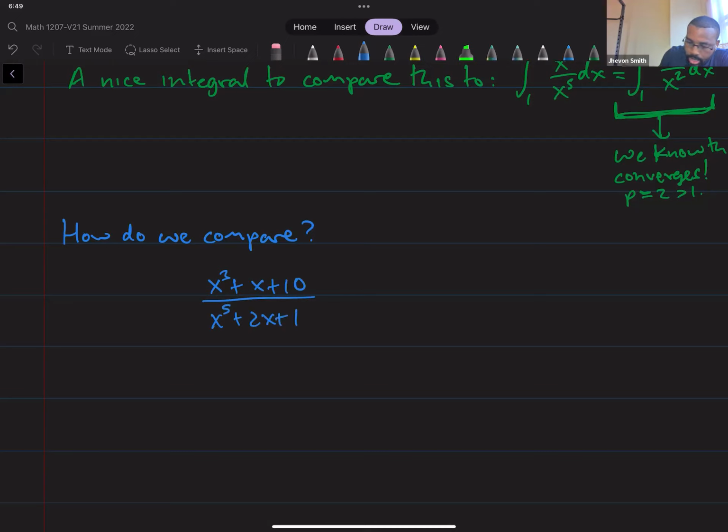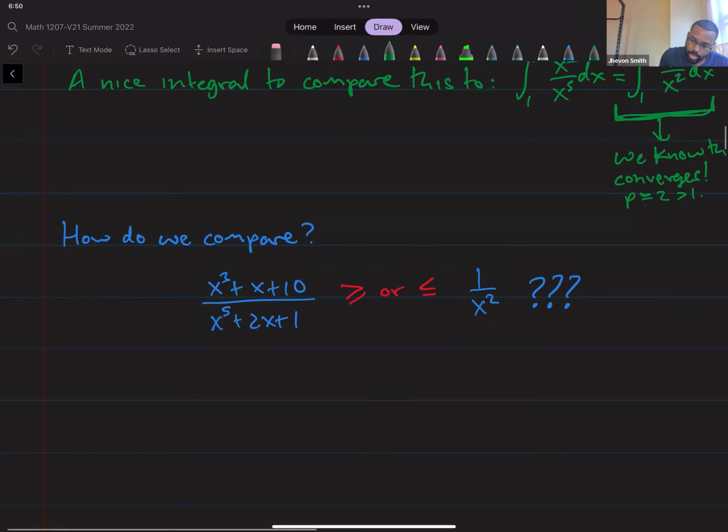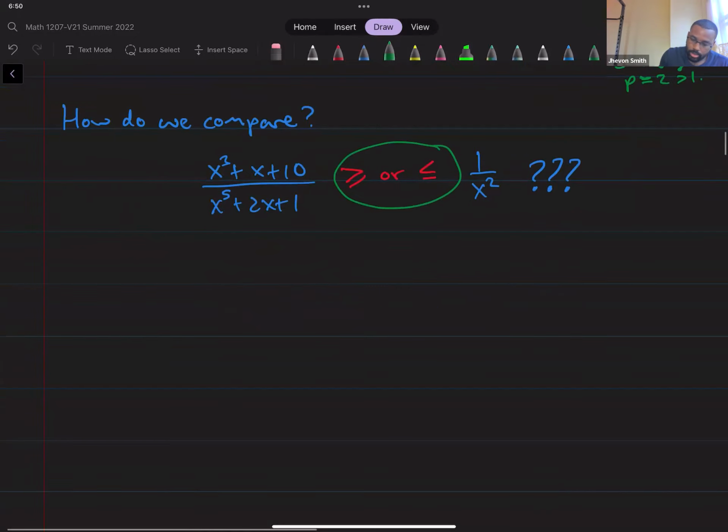And the idea is, is this greater than or equal to, or is this less than or equal to the thing I want to compare it to? And turns out that this part here, at least, I don't know, you might want to think about it, but the idea is it's not obvious.